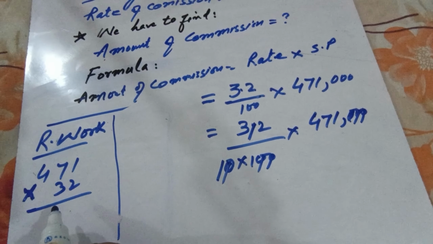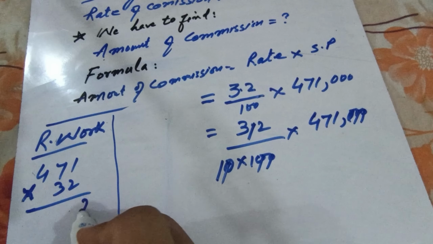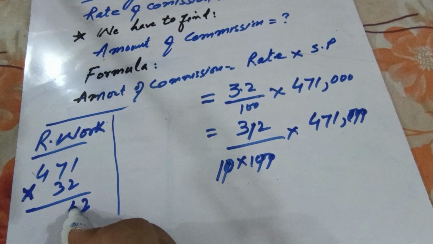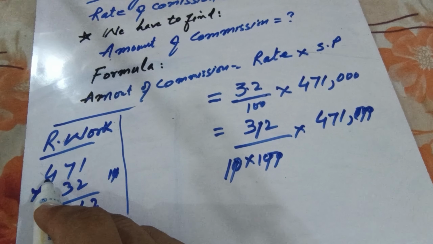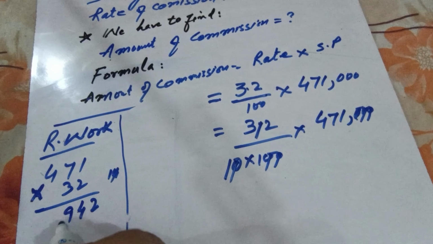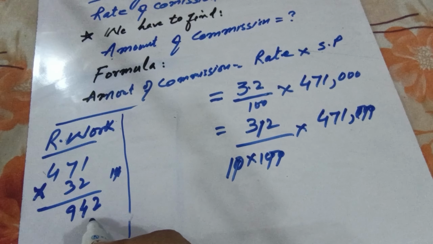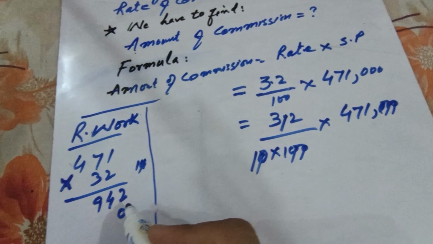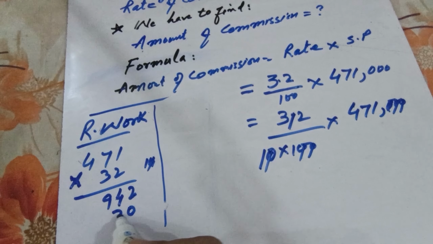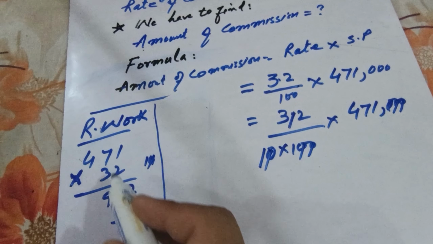And now I am going to multiply it. 2 ones are 2, 2 sevens are 14, 4 will be here, and 1 is carried. 2 fours are 8 and 1 is 9. So in place of this 2, we will write a cross or 0. 3 ones are 3, 3 sevens are 21.